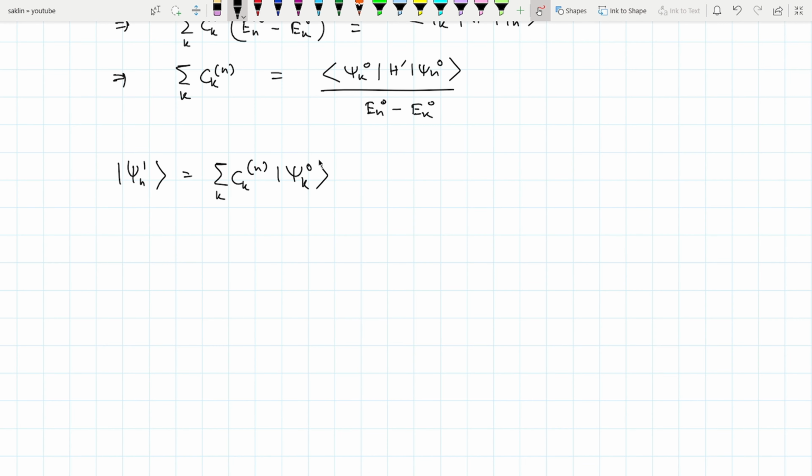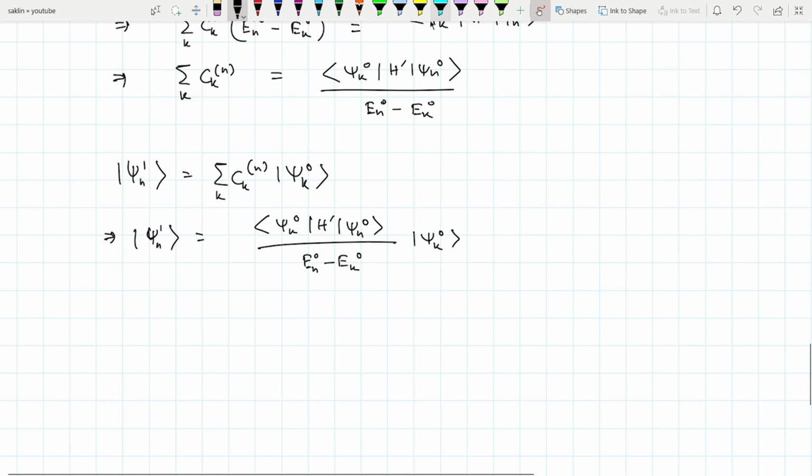It can be written by also m, but I am taking k. Psi n1 equals psi k0 H dash psi n0 divided by En0 minus Ek0, times psi k0.